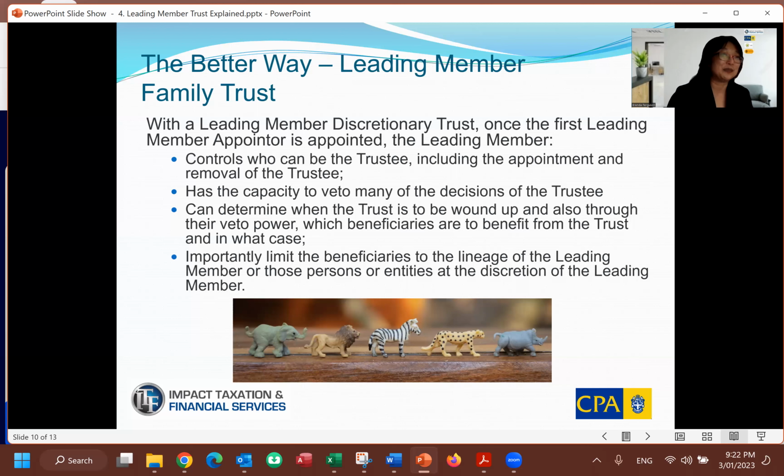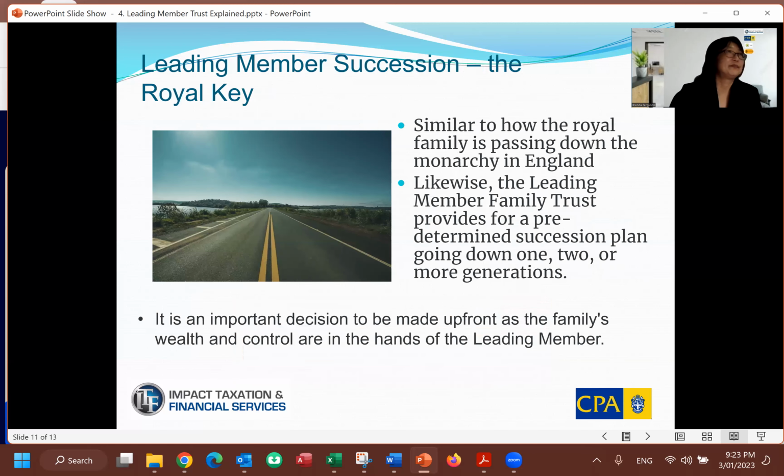Only limit to the family members. So succession is the key of the leading member family trust.